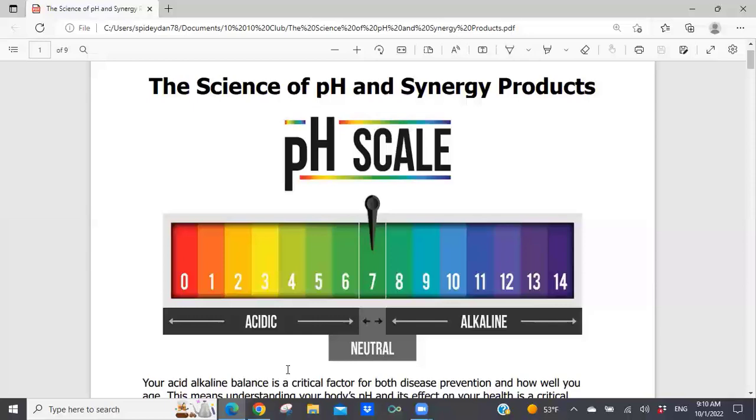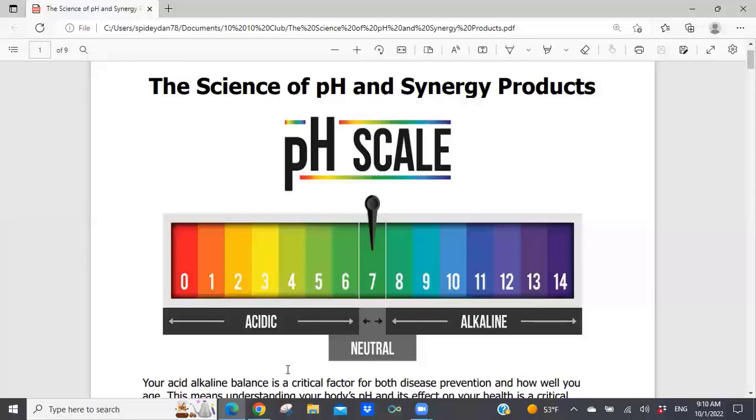But especially for older adults, if your stomach acidity is a 3.5 and you're drinking alkaline water at a 10, you're affecting the acidity of your stomach. It becomes less acidic because it's being offset by your alkaline water.